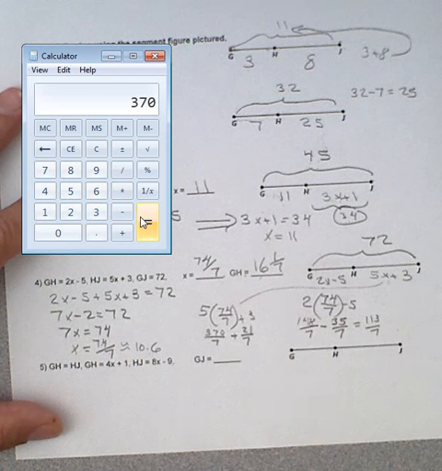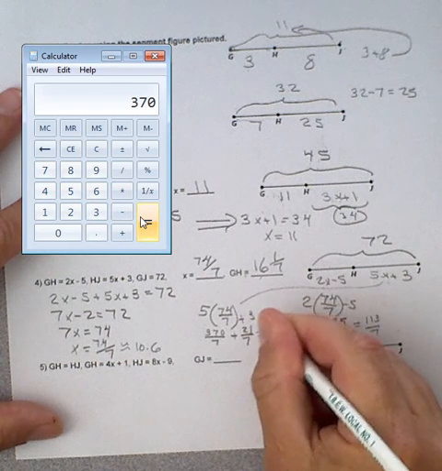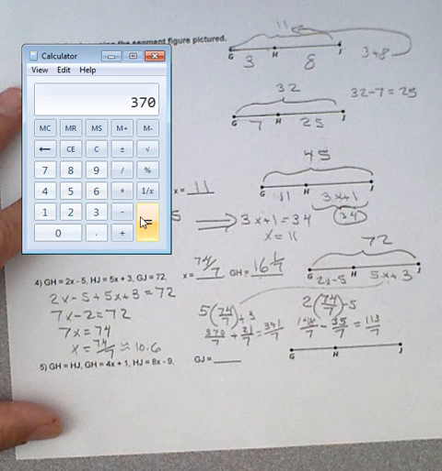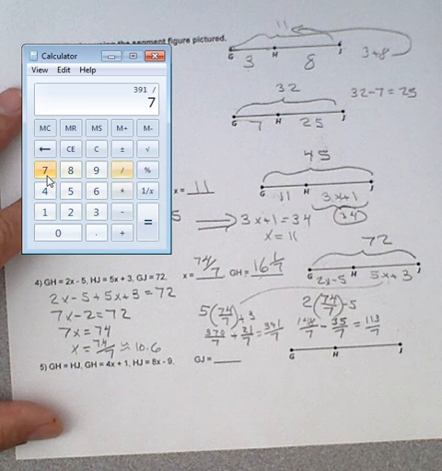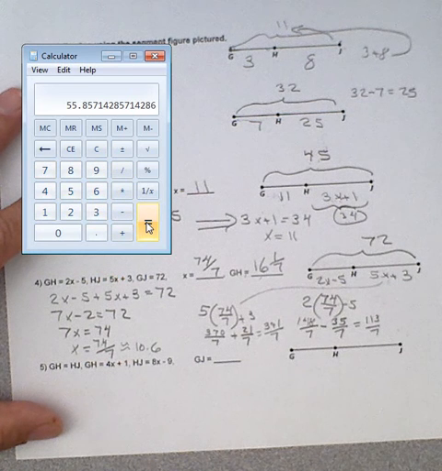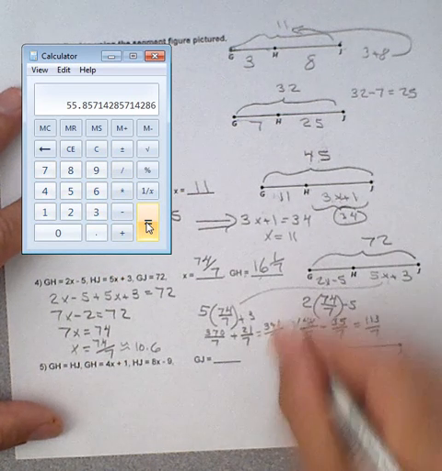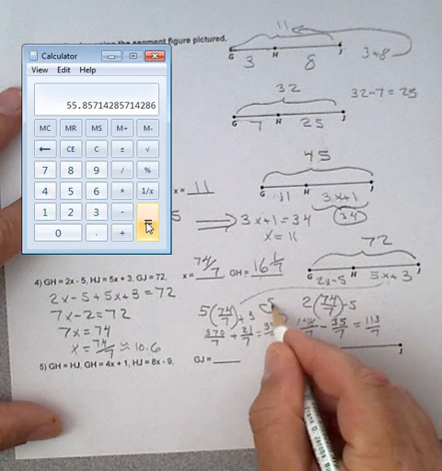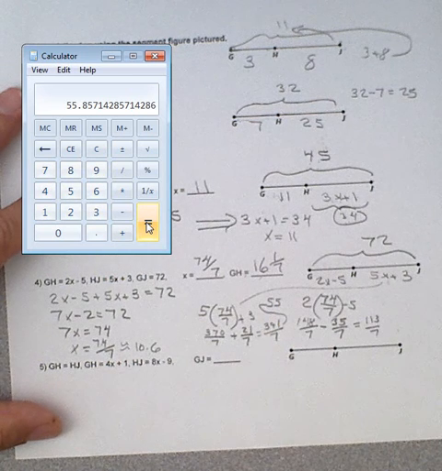So that is 391 over 7. 391 divided by 7 is about 55.8. So it is exactly 55, and I'll find out what that 0.857 is.